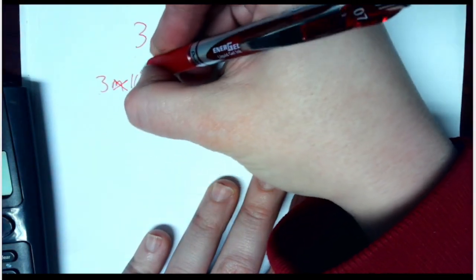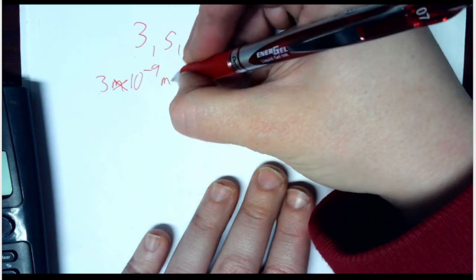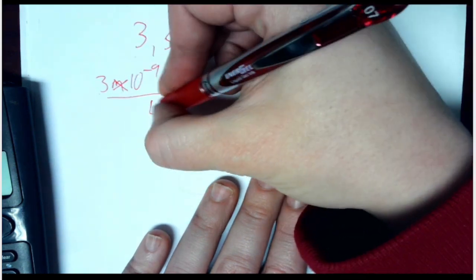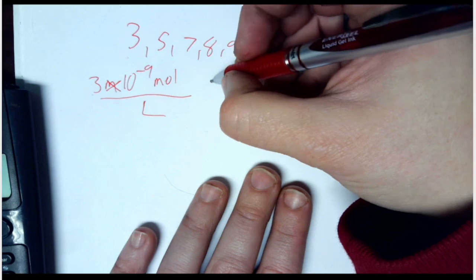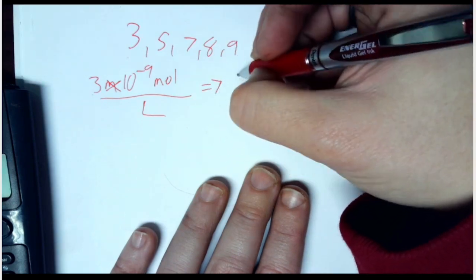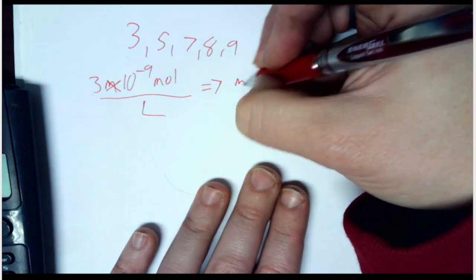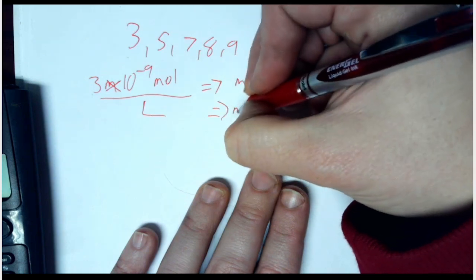We're turning 3 times 10 to the negative 9th moles in a liter into some sort of mass over mass.